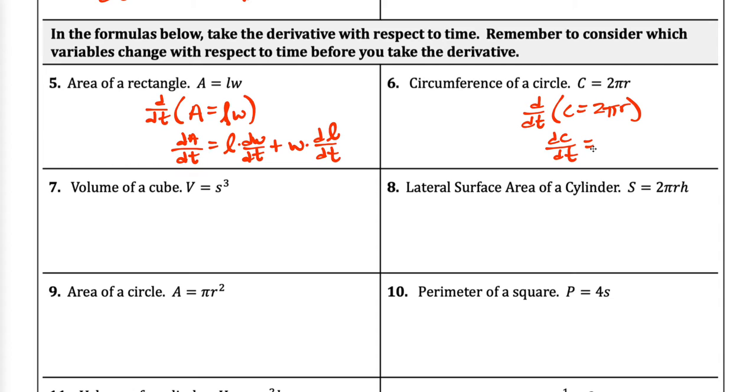I'll take a volunteer. Does anybody think they know how to do the derivative of 2 pi r? I don't want to put anybody on the spot for this one. Is it 2 pi times dr? Would it be 2 pi r times dr dt?